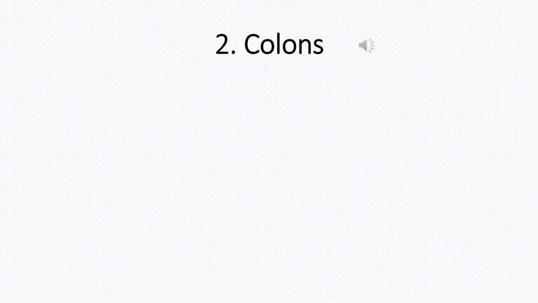See here: the government must make up their mind about what should be done. There is a colon because after that I am starting a list of clauses. So before this listing starts, I have used one colon.